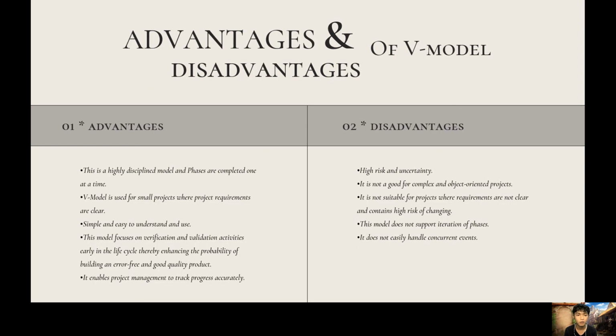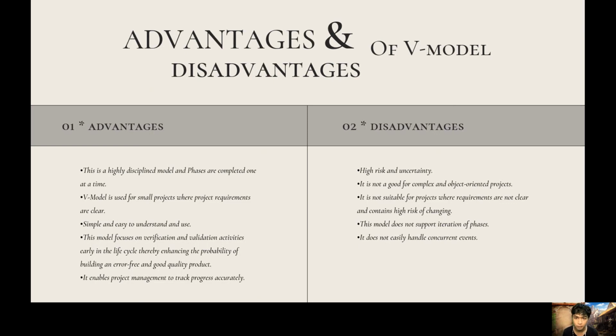This model focuses on verification and validation activities early in the life cycle, thereby enhancing the probability of building an error-free and good quality product. And the last one is it enables the project management to track progress accurately.